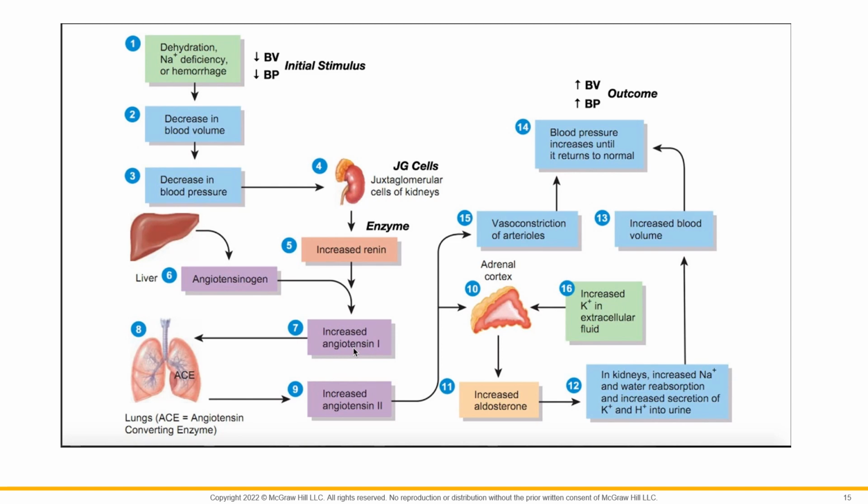So this entire system is called the RAA system. So let's start with the initial stimulus. The initial stimulus could be stress, it could be dehydration, it could be blood loss. So essentially blood volume went down, therefore blood pressure went down.